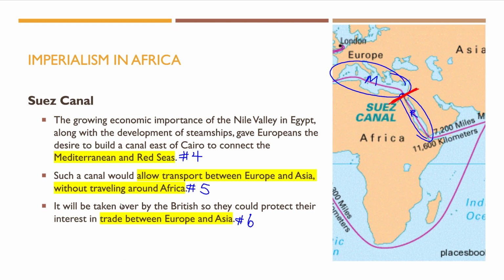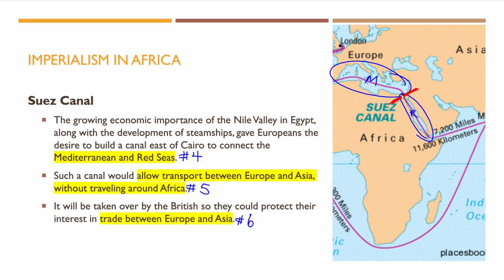Also in Northern Africa, this area here, which is number 4, between the Mediterranean and the Red Sea, there was a growing importance to build a canal here. A canal is a strip of land or a mechanism in order to get ships through a small area.